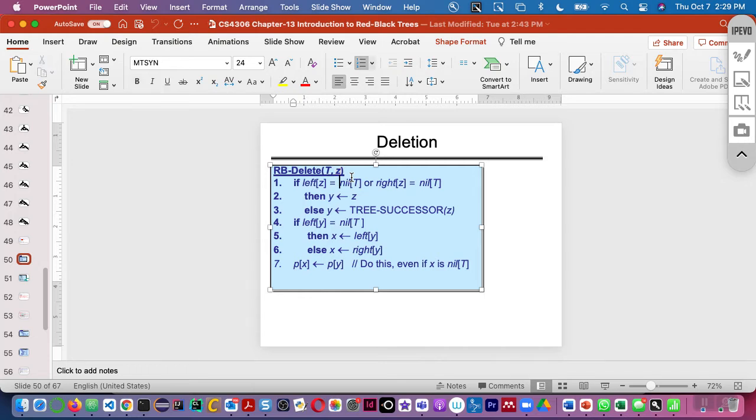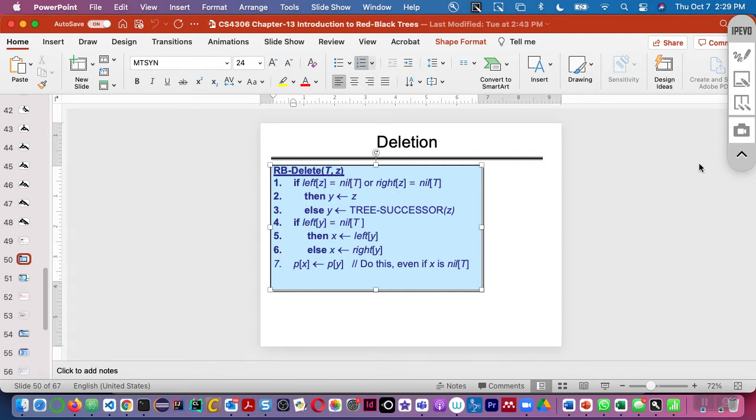Okay, and it says if left of G. In the book sometimes it has a G dot left. Some books, and sometimes you see the G dot left, and here in pseudocode sometimes you see left within parentheses or square brackets, G. That means left of G, the left child of G, is nil.